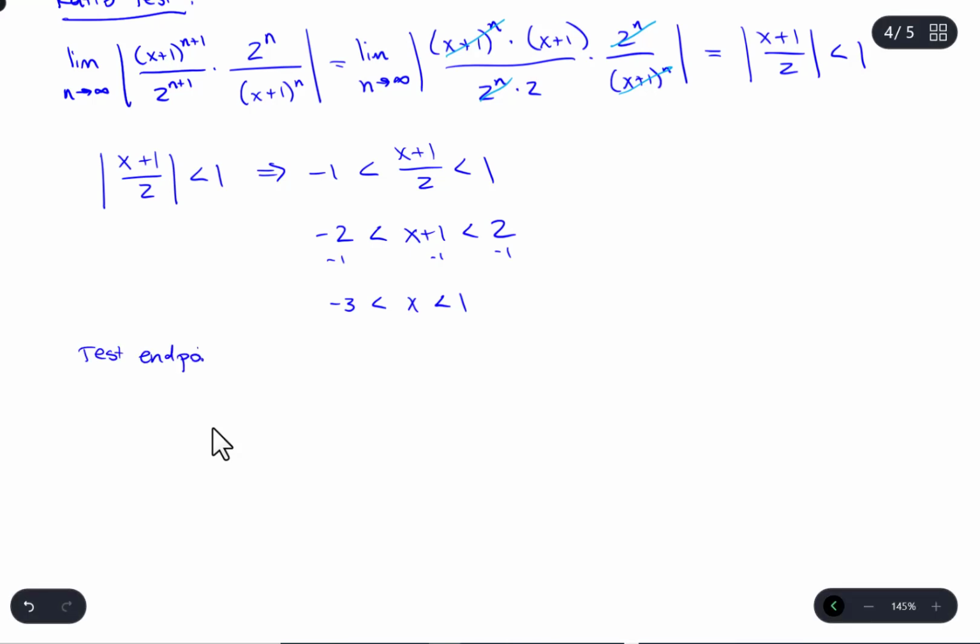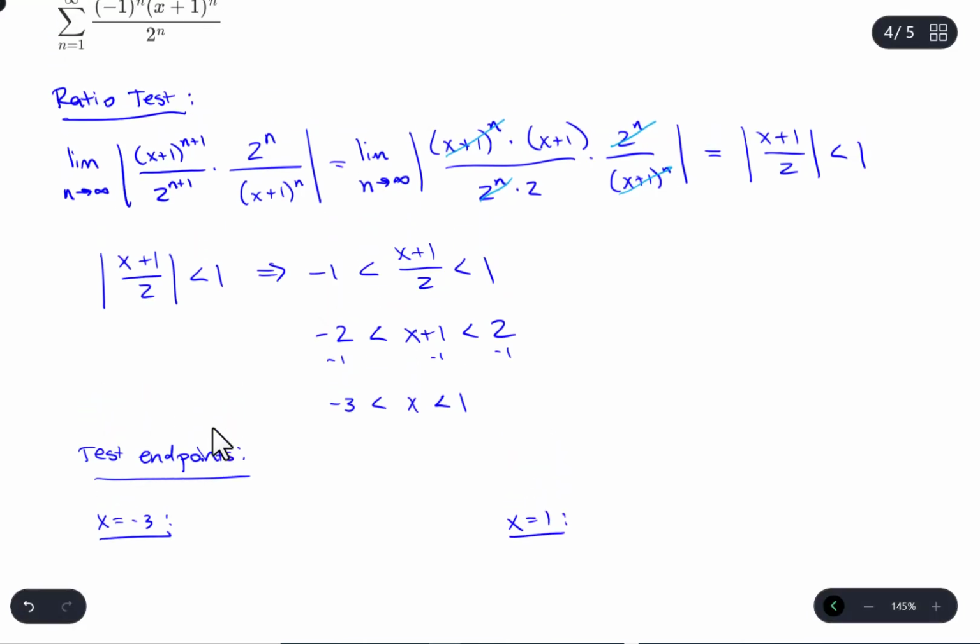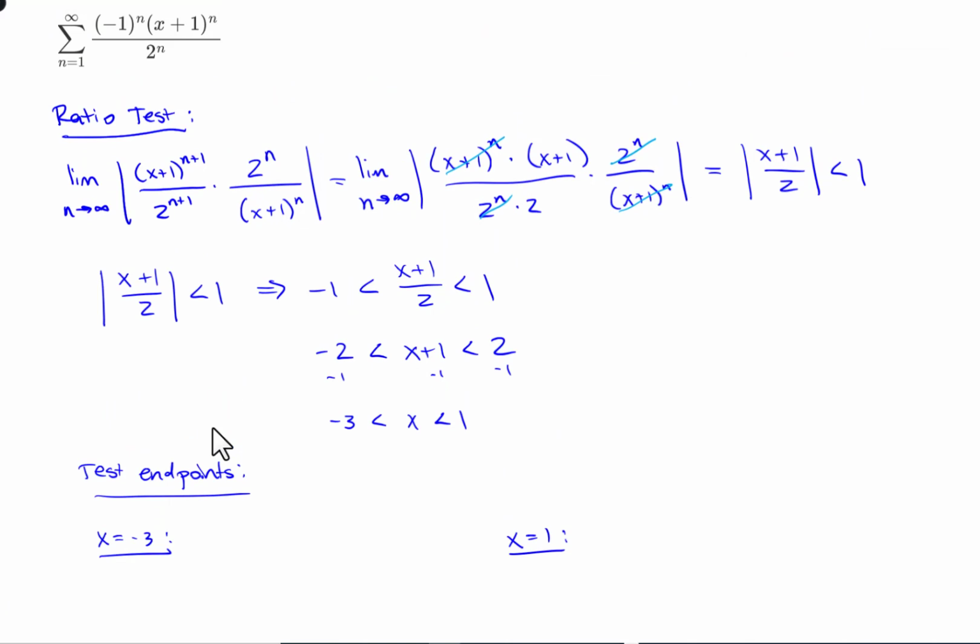So, in testing my endpoints, I just let x be -3 and then x be +1, plug that into my series. So the series looks like this.